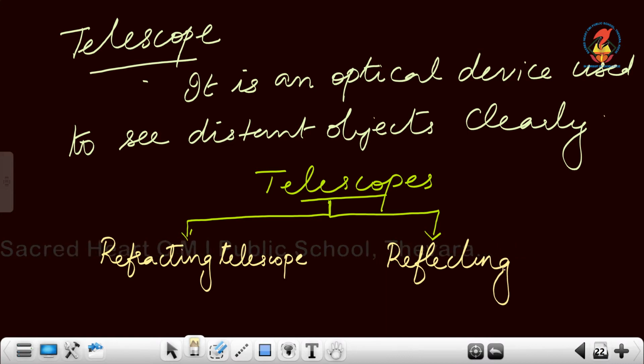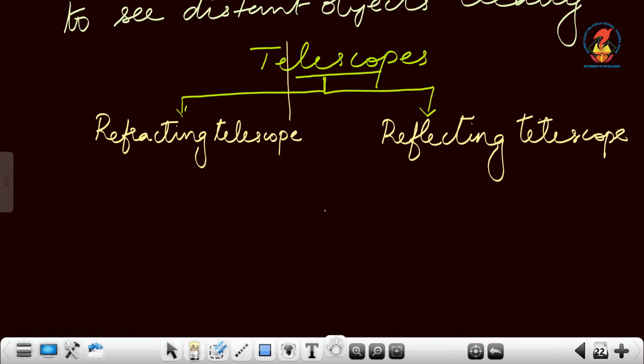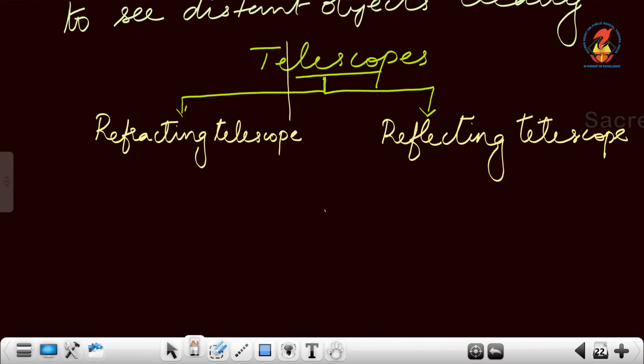From the name you can understand which type of surface we are using here. Refracting means we will be using what? We will be using a lens. In the case of a refracting telescope, we will be using a convex lens, and this refracting telescope is again of two types.